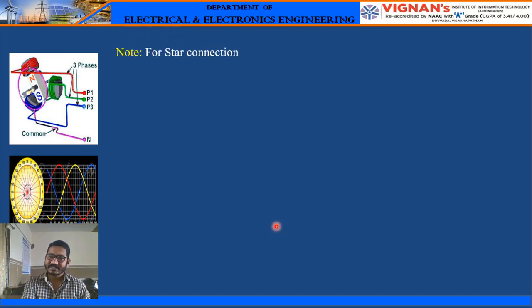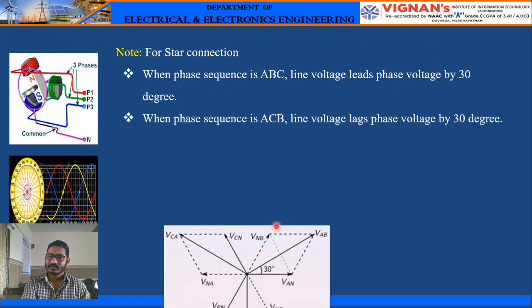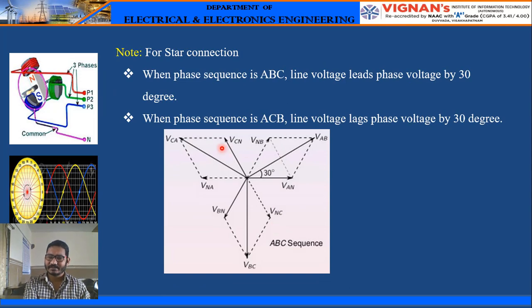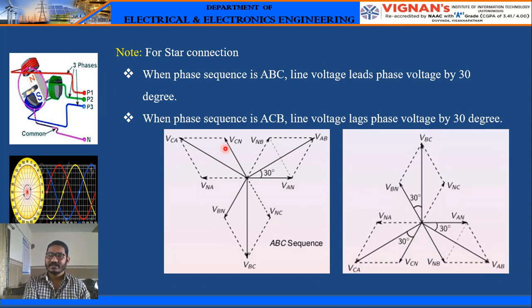For star connection, I explained the phase sequence in the previous class. If the phase sequence is ABC, the line voltage leads the phase voltage by 30 degrees. VAN is the reference, after 120 degrees VBN, after 120 degrees VCN.